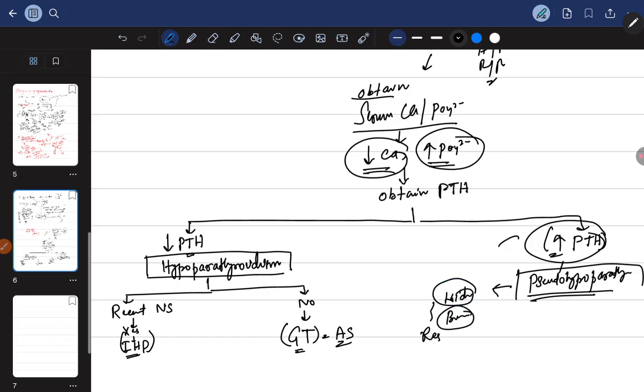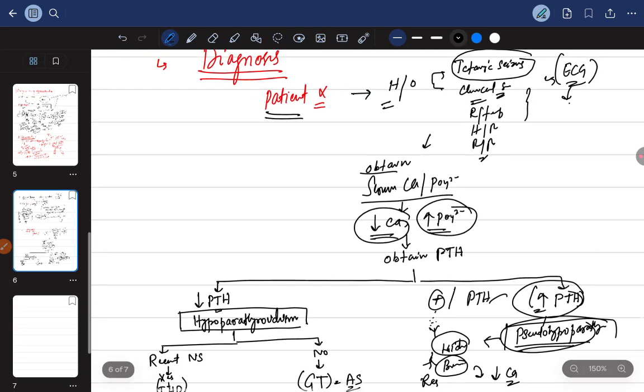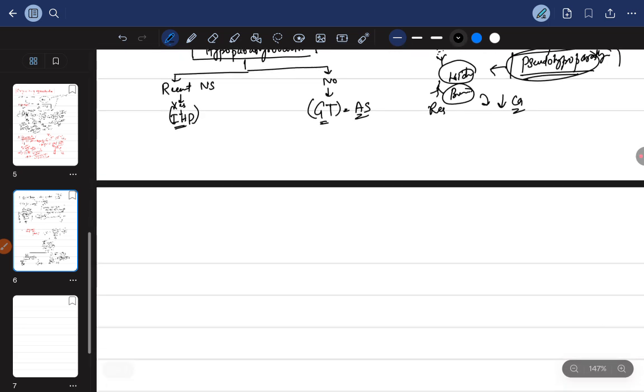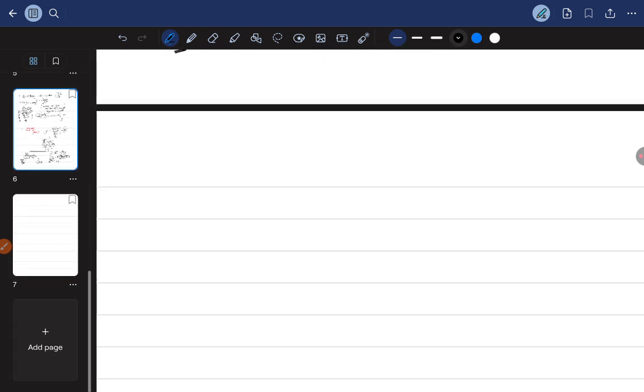PTH secretion is good, it is normal, but the receptors present on the kidneys or bones are not responding to this PTH, and when they do not respond, there will be decreased calcium. So this is pseudohypoparathyroidism. This you have to remember. This is how you go for diagnosis. Remember this, it will help you in labs.